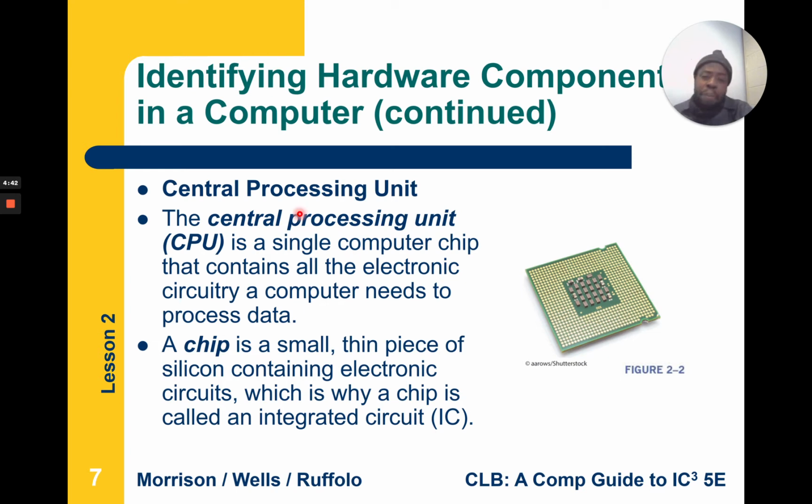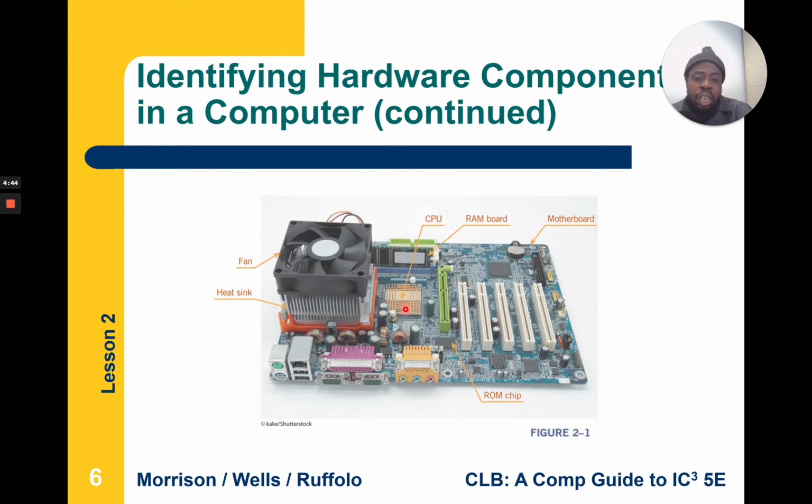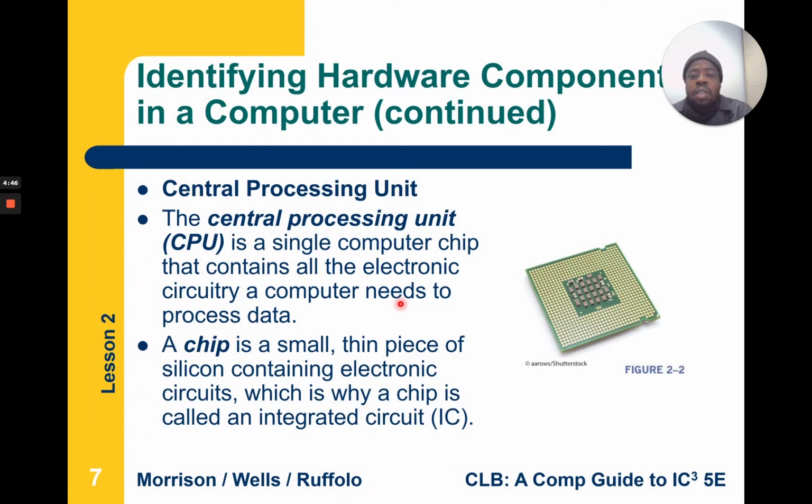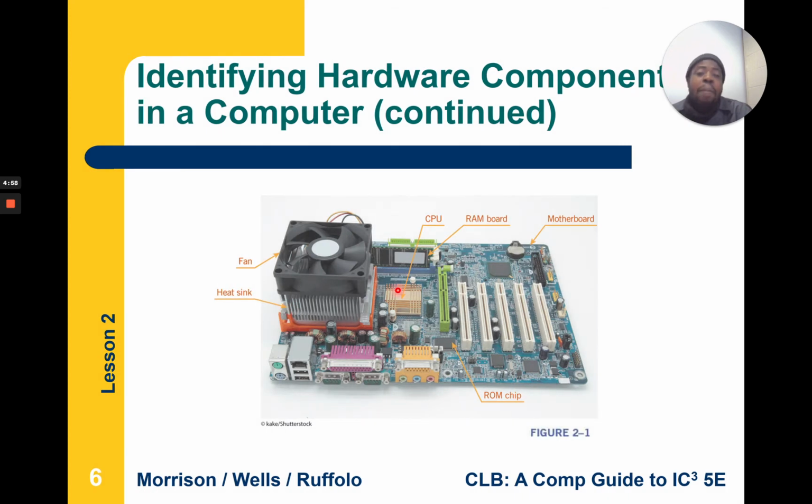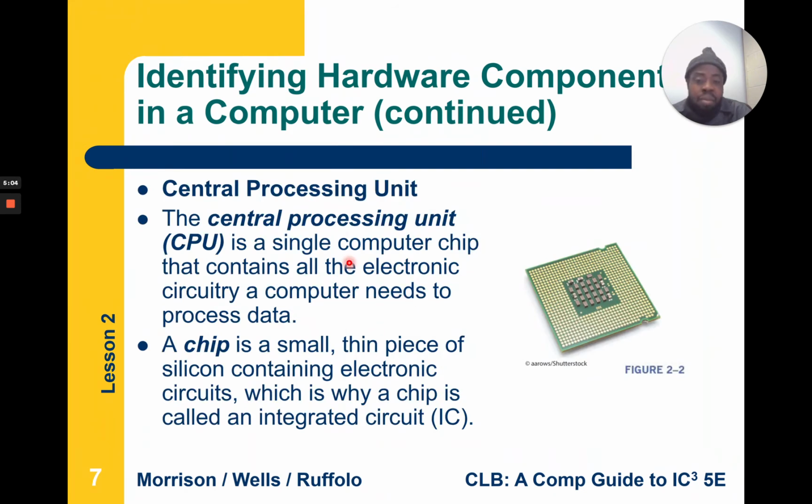The central processing unit, which is shown here, is actually a single chip, and it contains all the electronic circuitry that a computer needs to process data. This is actually the powerhouse of the PC, and it's called the central processing unit.